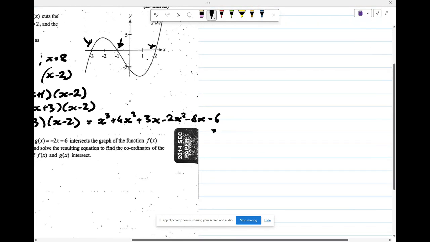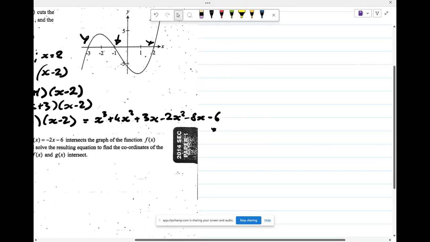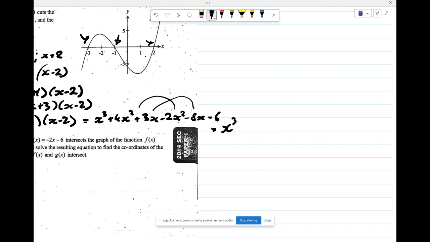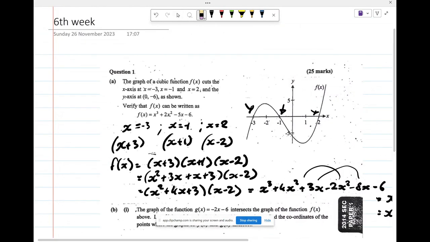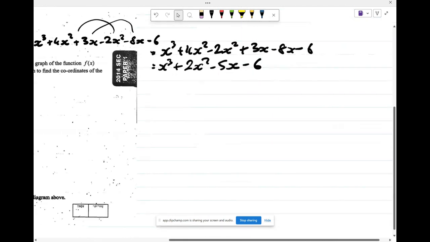And if we keep going, we're going to group our like terms together. So you see we have two x squareds and two x's, so we'll just write those next to each other. Plus 4x squared minus 2x squared plus 3x minus 8x minus 6. So that's x cubed plus 2x squared minus 5x minus 6. And you can see that that's exactly what they wanted in the question.